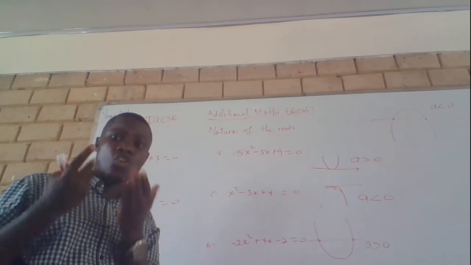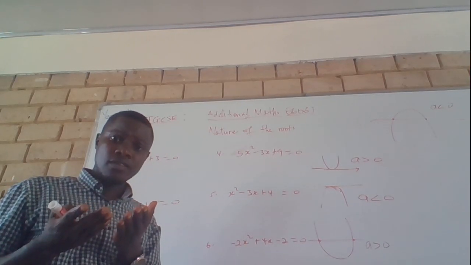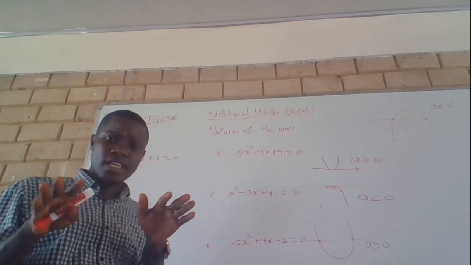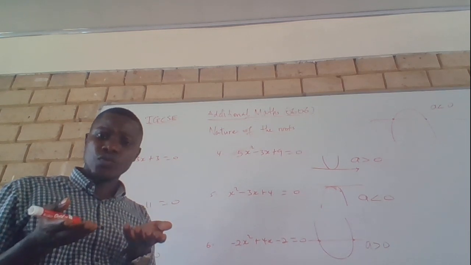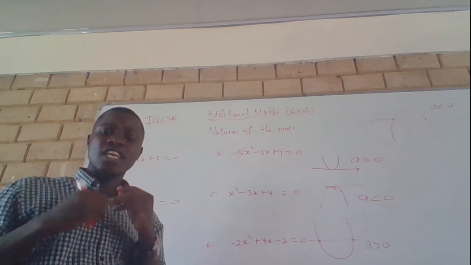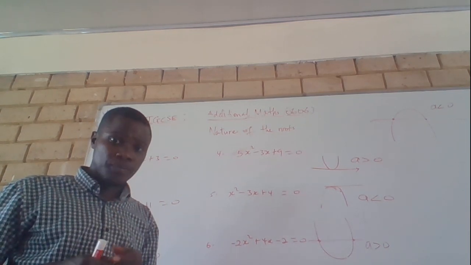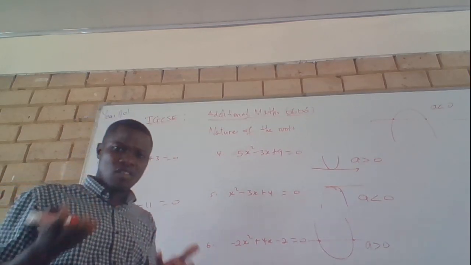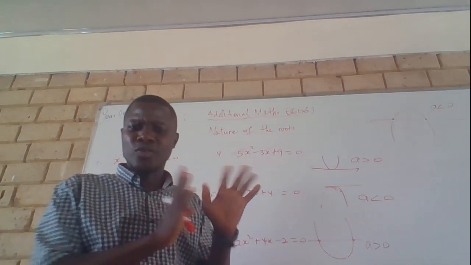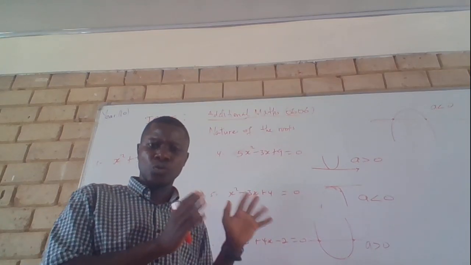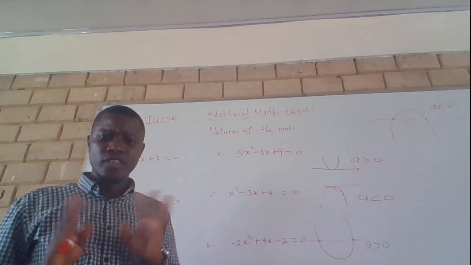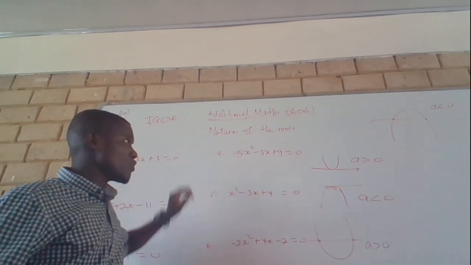No root means, in normal circumstances, if a quadratic has complex roots at this stage, we say it has no root. But actually we are going to say it has complex roots, because complex numbers are another branch of algebra which we will do later on. Very interesting area.